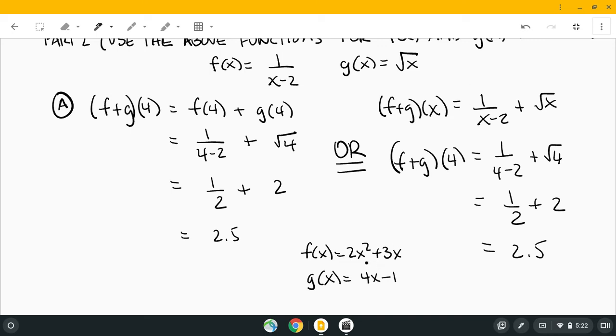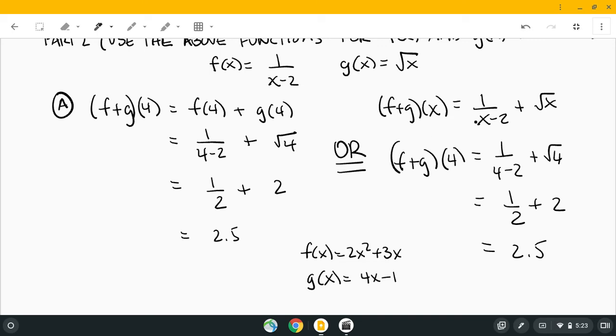Well, this becomes a little more interesting as far as which method you use, okay? Because what happens is you could do it this way, where I would plug in 4 here and work it out, plug in 4 here, work it out, and then add them, right? That's what we would be doing if we use this method.